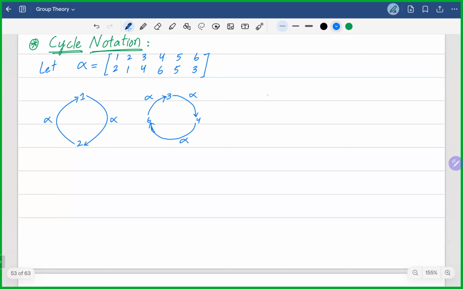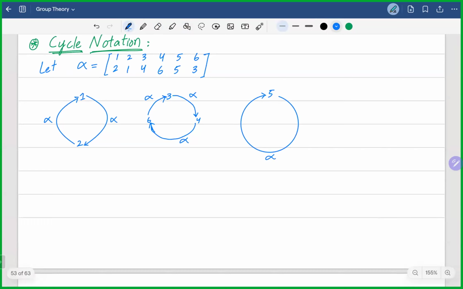And then we have another one, which is this one, and this is again a cycle, but it is onto itself. So alpha sends 5 to 5.